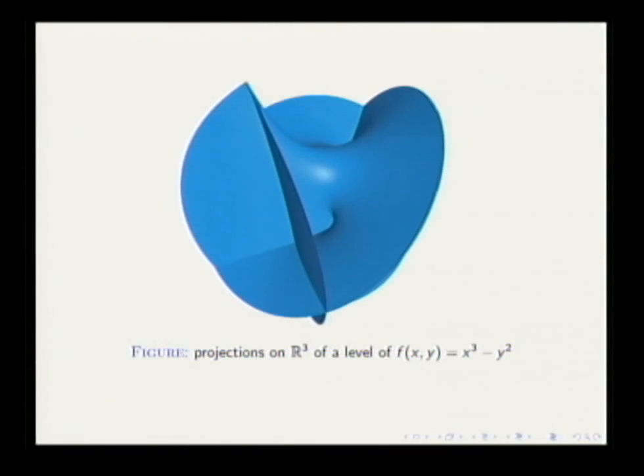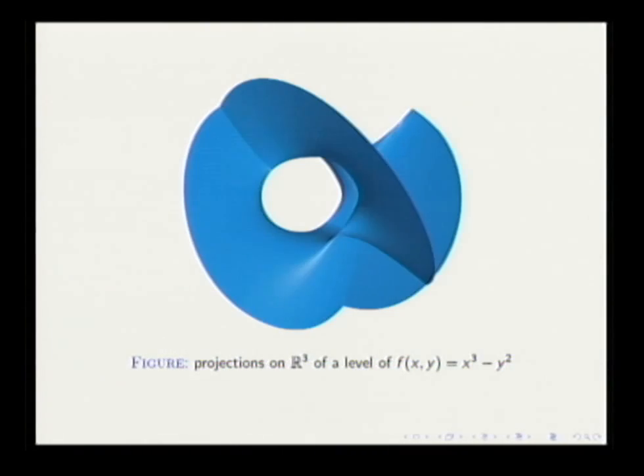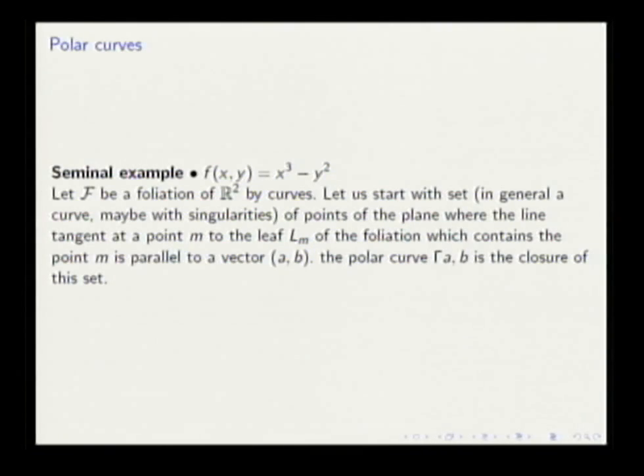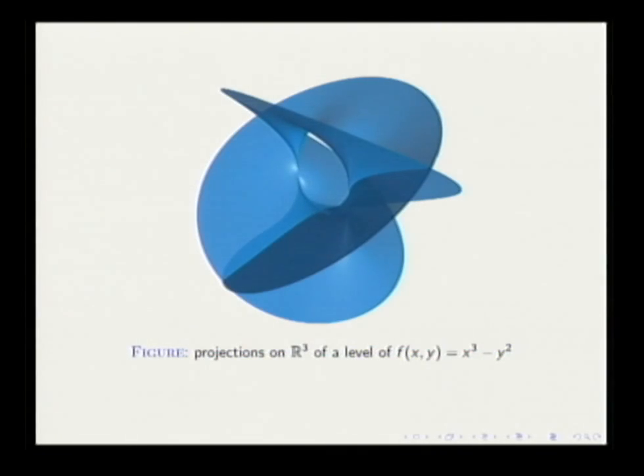A few more projections, but of the same objects, just to show that this is not so easy to visualize a complex curve. And one way is just dealing with a lot of projections. And what I did is a sort of global.